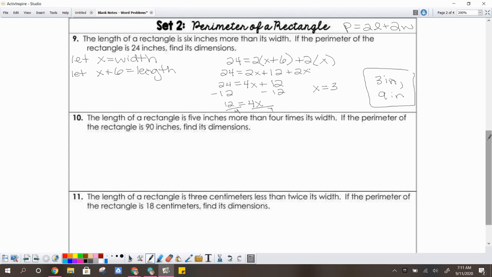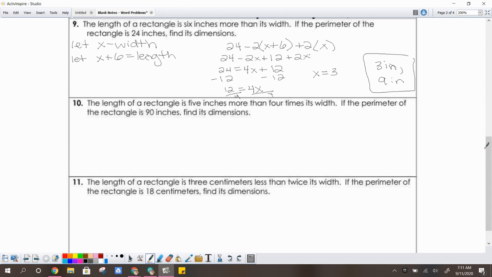Right, so number 10. It says the length of a rectangle is 5 inches more than 4 times its width. If the perimeter of a rectangle is 90 inches, find its dimensions. So same idea. Width is the smaller one. So we're going to let x be our width.